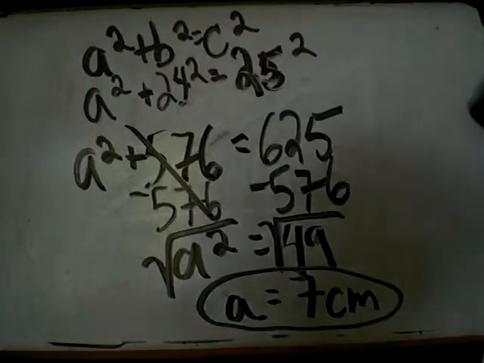Now, like I said earlier, the Pythagorean theorem only works for a right triangle. So let's say you're given 3 lengths of sides of a triangle, which could be a right triangle, we don't know.